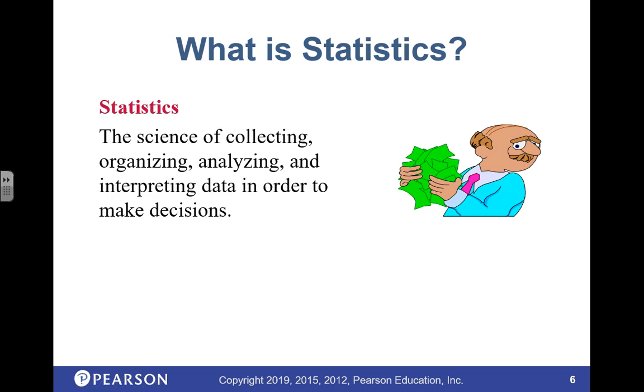So, in general, statistics is defined as the science of collecting, organizing, analyzing, and interpreting data. We have to collect it. We have to have some information that we're going to study. And once we collect our data, we have to make sure it's in an organized form.